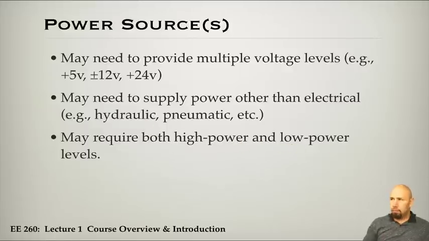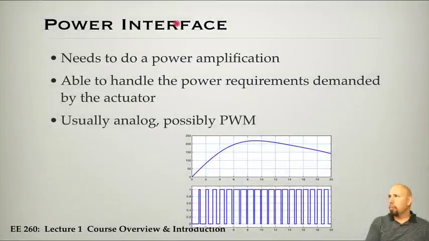In that case, you have what's called a power interface. The power interface may need to do power amplification. Your Arduino puts out 0 to 5 volt values, but that directly may not be useful for a motor. So you have some kind of power amplification, and often that will be in the form of current amplification.